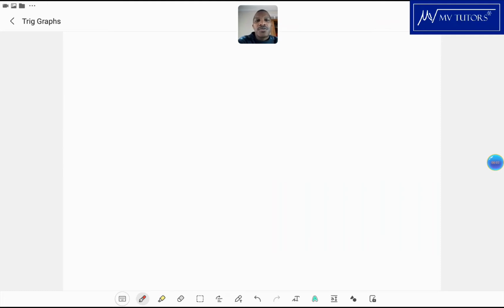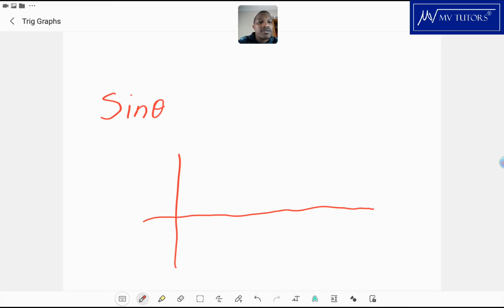Okay, so let's start with our sine graph. Let's say sine theta, and then let's learn how each number affects the graph. So a normal sine graph is typically like this, okay?